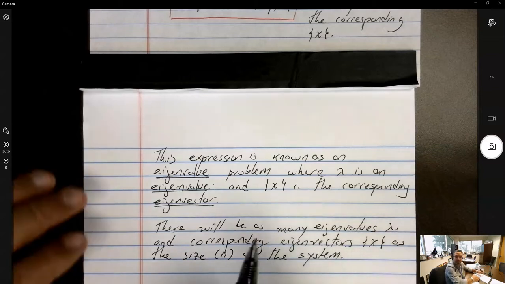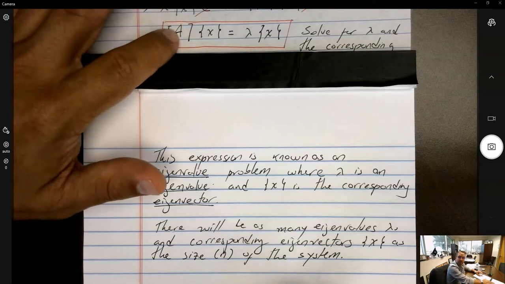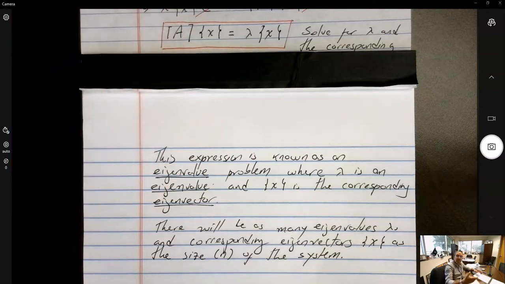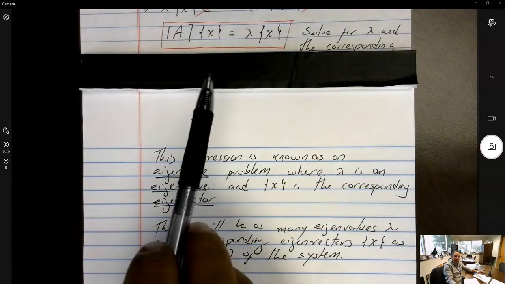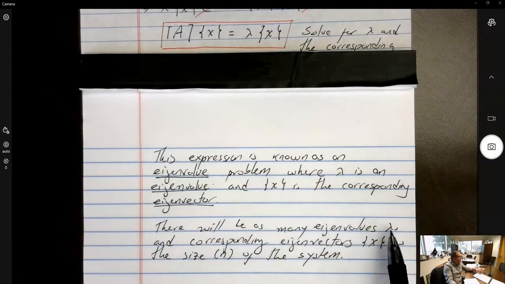So the size of the system is determined by the size of the matrix A, number of columns and number of rows. By the way, this is a square matrix, so I have the same number of rows and columns, n, right? So for a system of n equations and n unknowns, there are as many as n eigenvalues and n corresponding eigenvectors that make the solution possible. Okay.